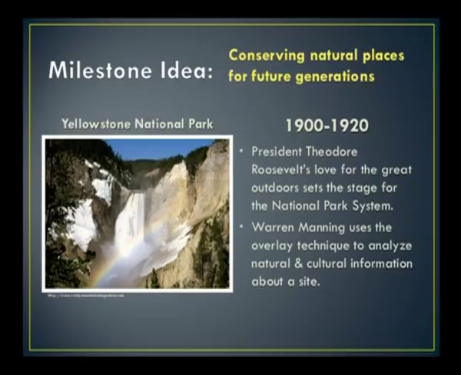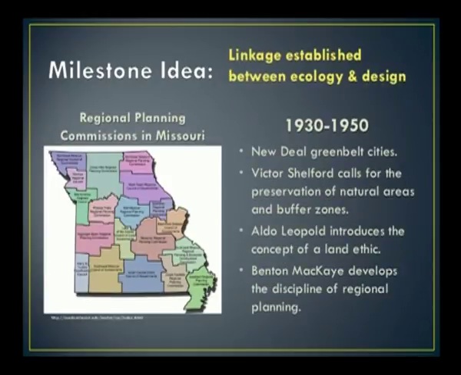This was the next milestone, between 1900 and 1920. President Theodore Roosevelt's love for the great outdoors sets the stage for the national park system. Warren Manning uses the overlay technique to analyze natural and cultural information about a site. The next milestone is when a linkage is established between ecology and design.